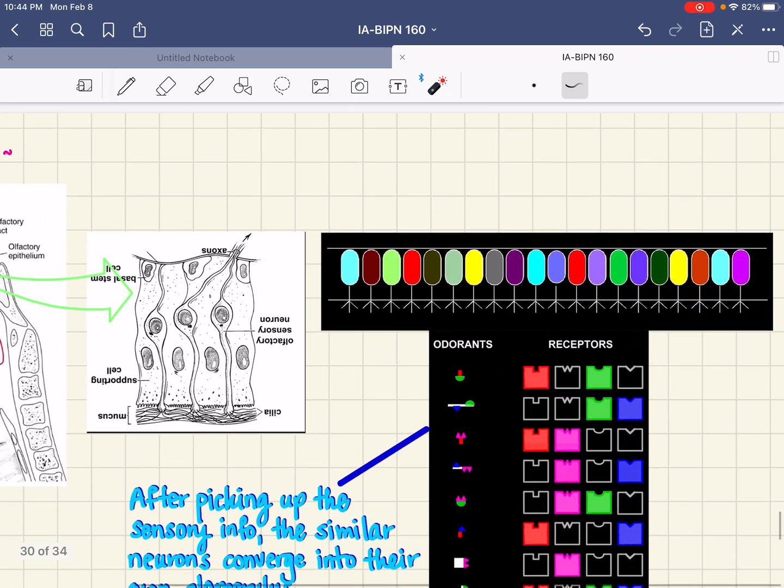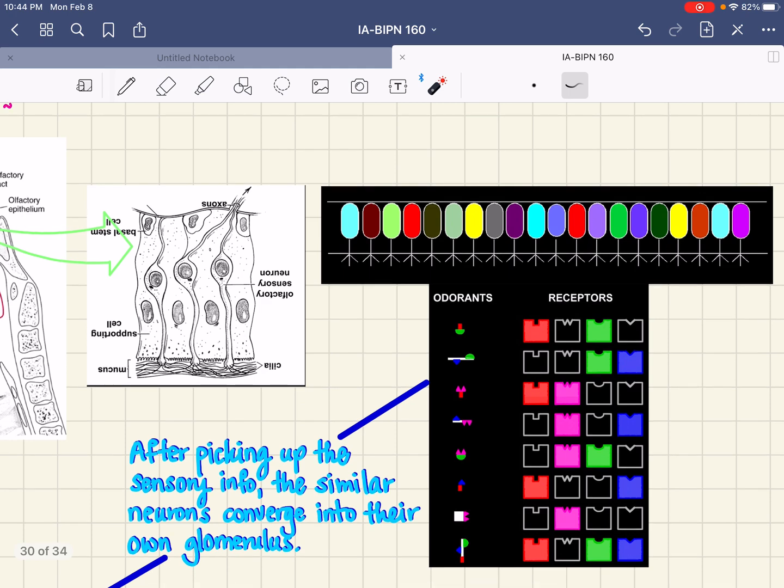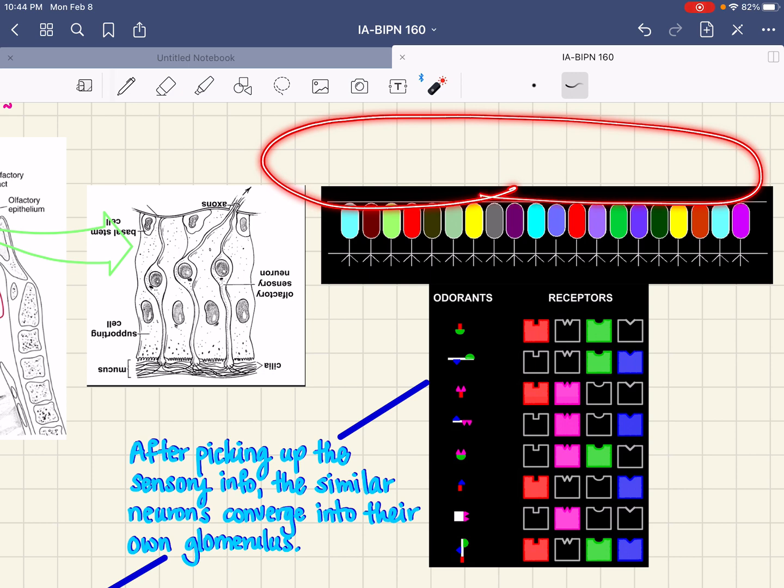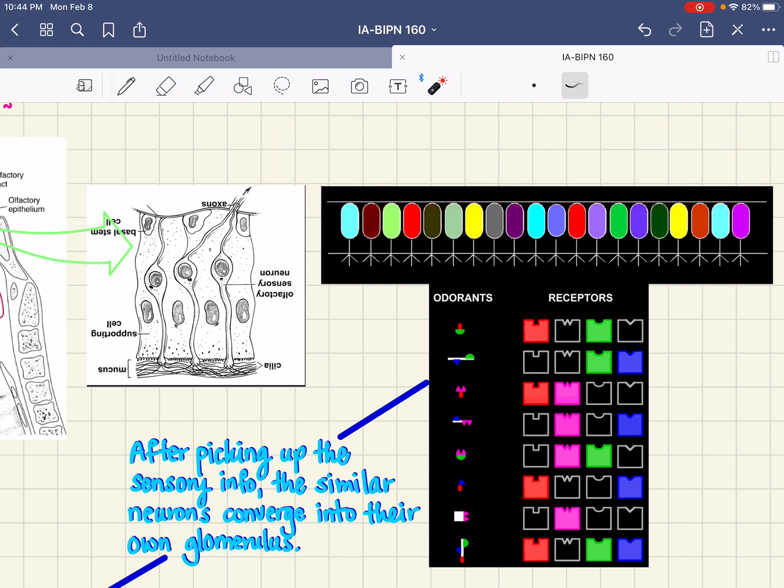This is a more colorful image, so I flipped this one also so that you can see the cilia over here at the olfactory epithelium, and also remember that the olfactory bulb is right here. Each olfactory neuron will have the same types of receptors, just like the gustatory system.